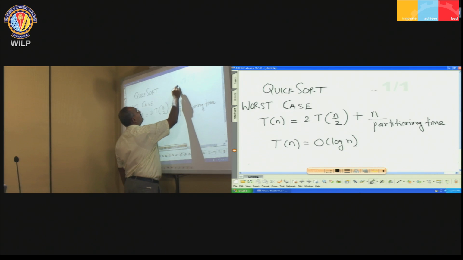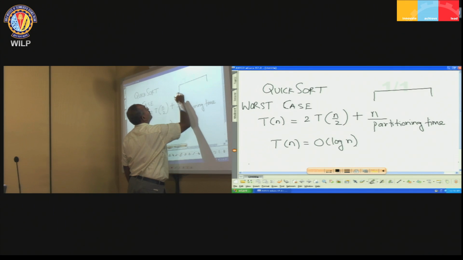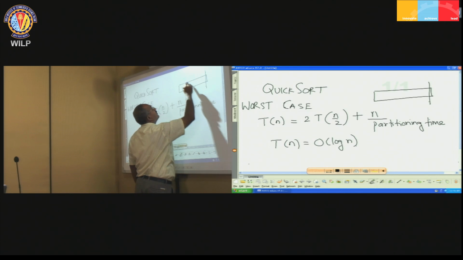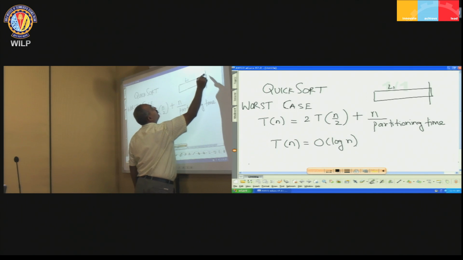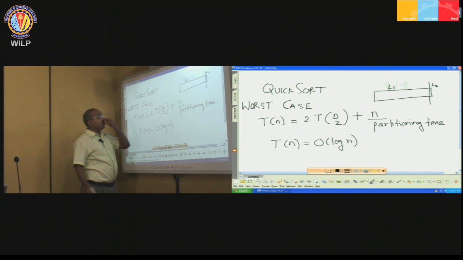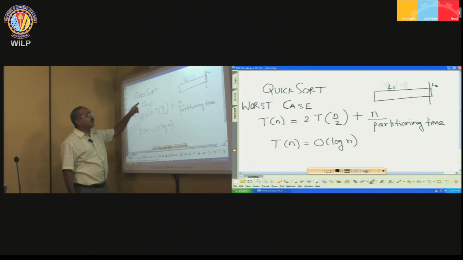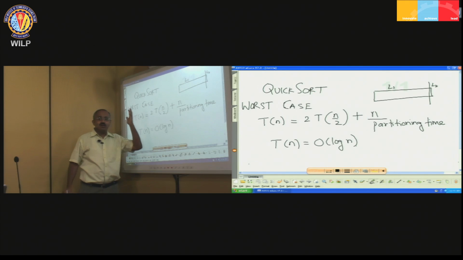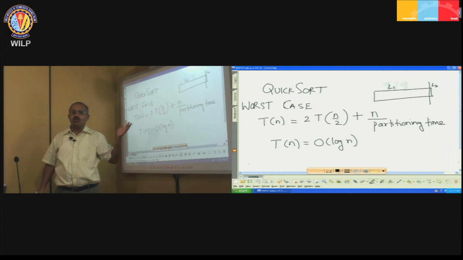If your sequence is say an increasing sequence, then your L1 is going to be all of this and L2 will be only one element, right, because if it is an increasing sequence, all the elements are less than the maximum element which is at the end. So, in this case you get a completely skewed partition, and this will happen if my sequence is already in increasing or decreasing order.